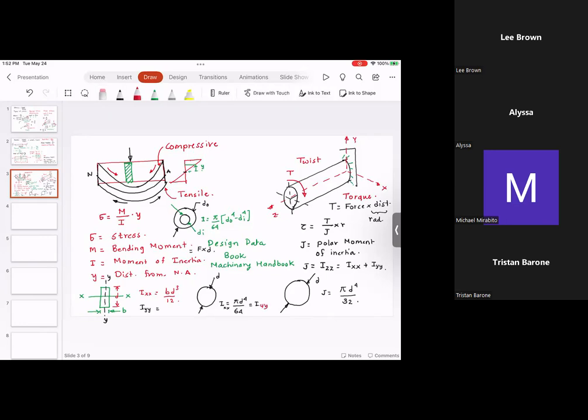Now J is IZZ, so IZZ is equal to pi D raised to 4 by 64, and there are two of these. So you get pi D raised to 4 by 32, because IZZ is equal to IXX plus IYY, and IZZ is pi D raised to 4 divided by 32.